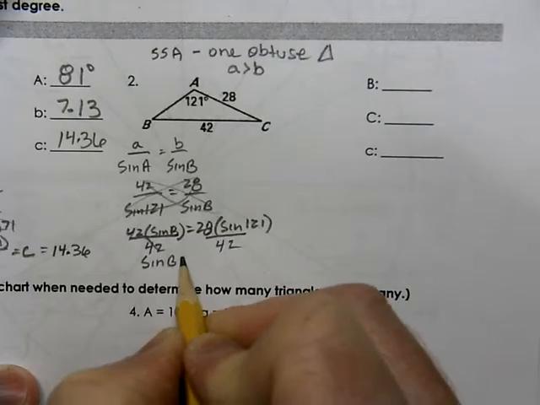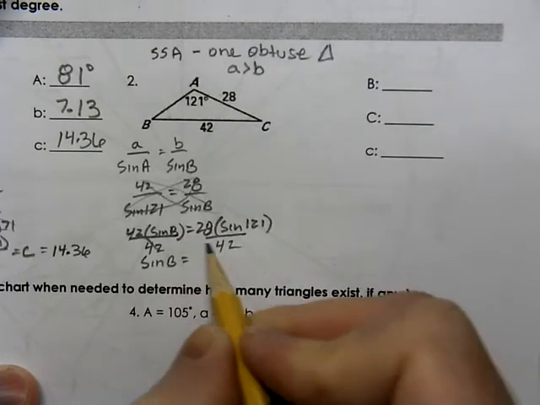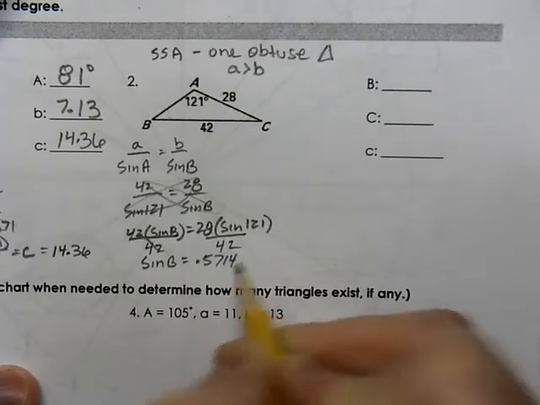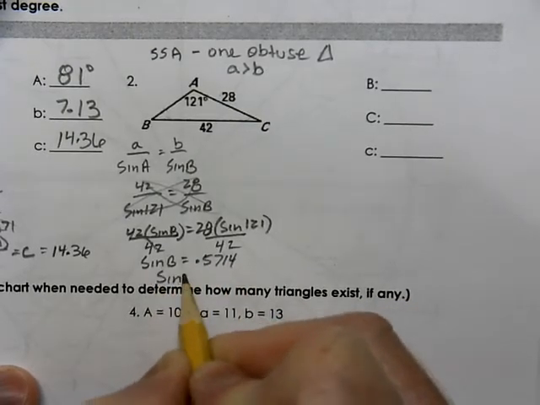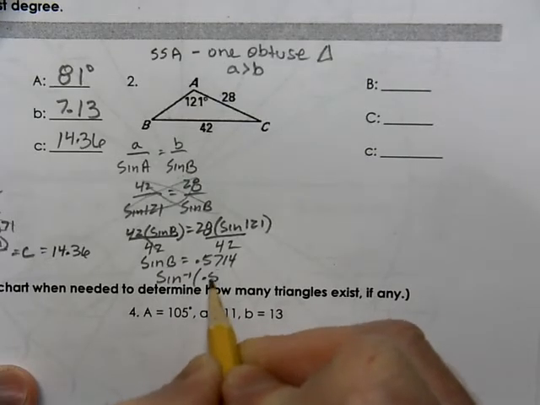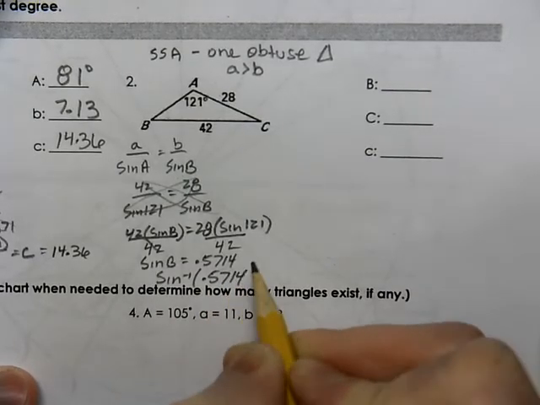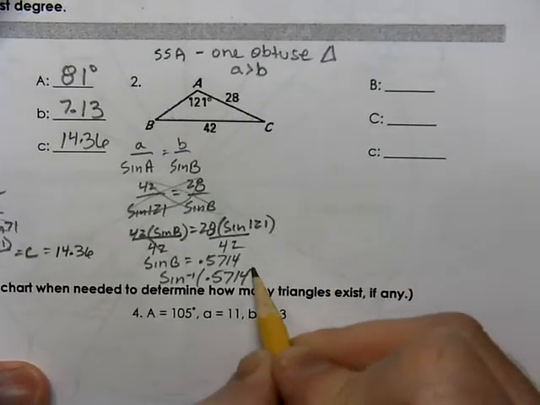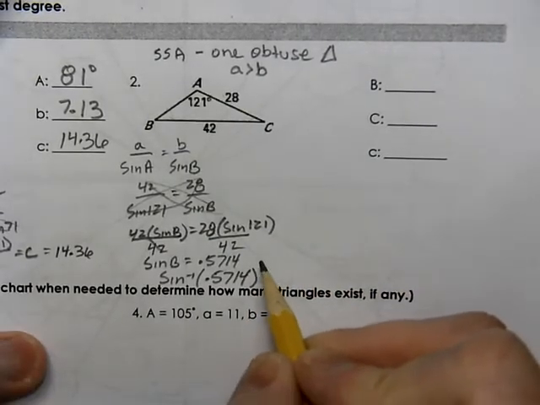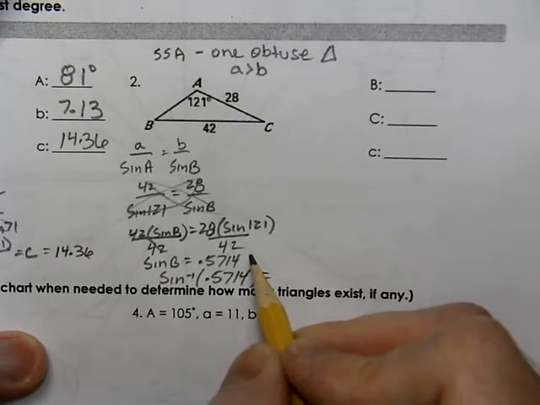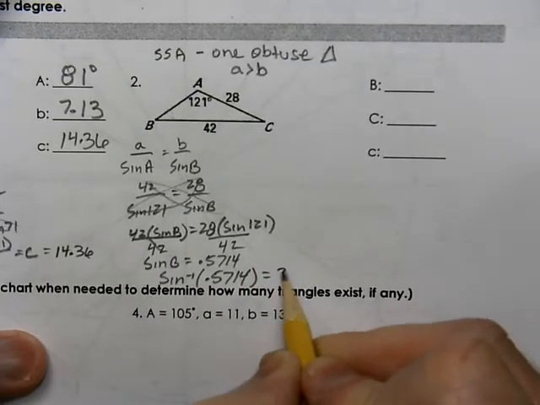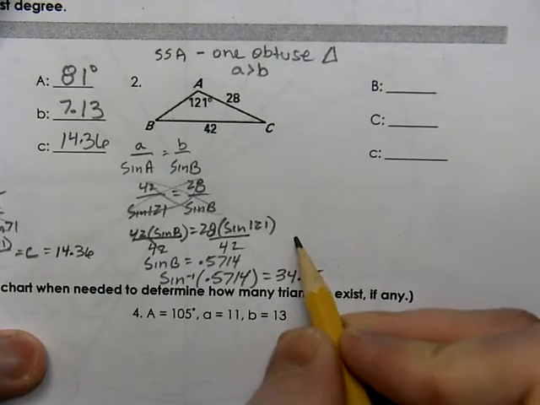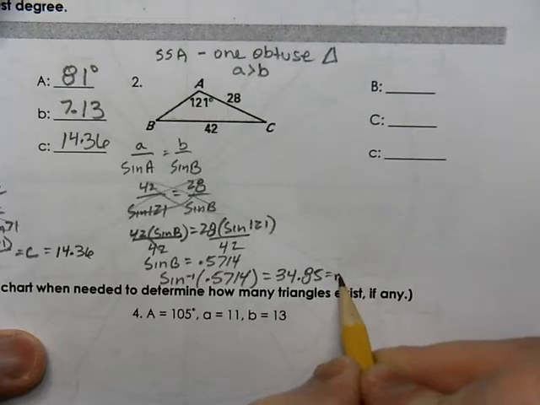So the sine of B is going to equal 0.5714. Then we take the inverse of that 5714, or even better if you use the ANS button, the answer button on your calculator, and you'll come up with 34.85. That's the measure of angle B.